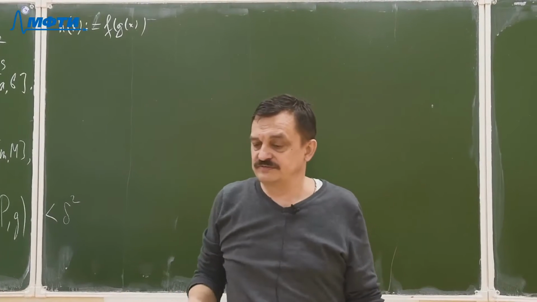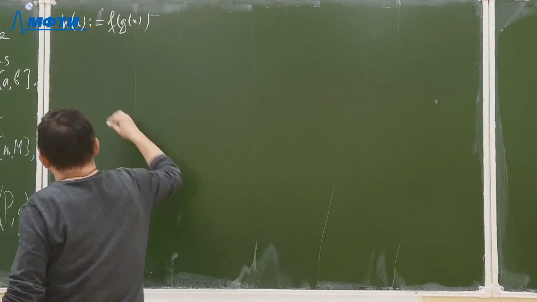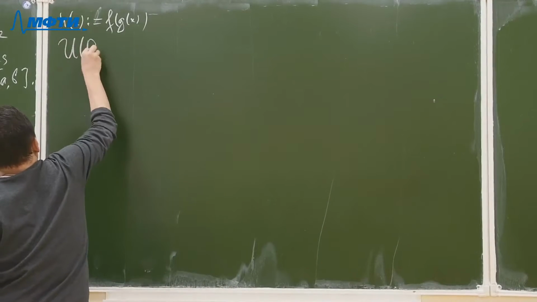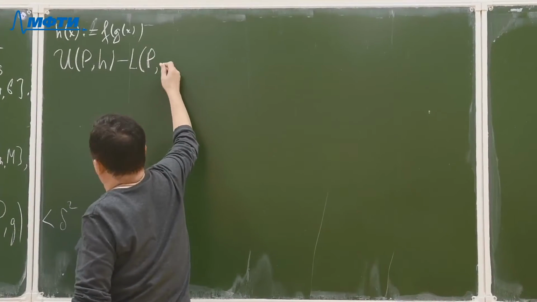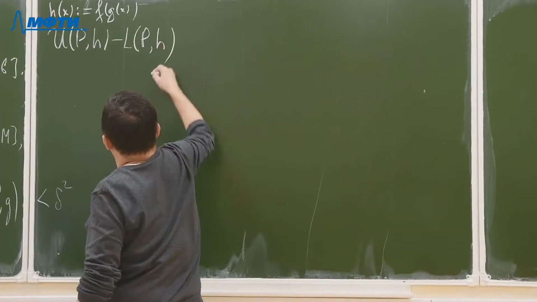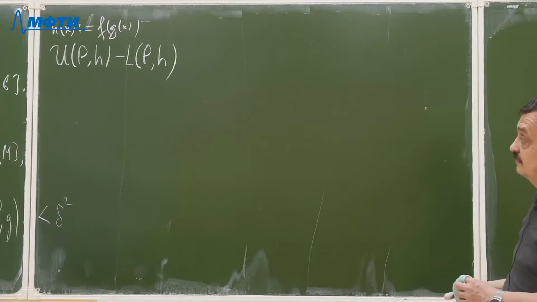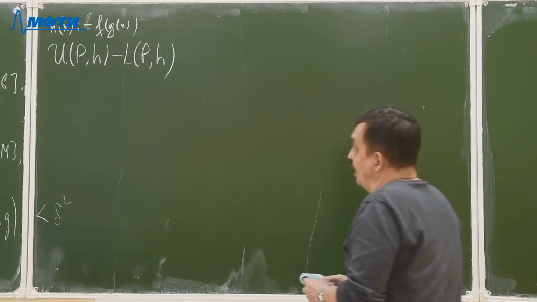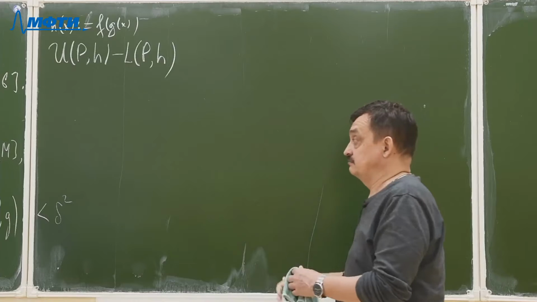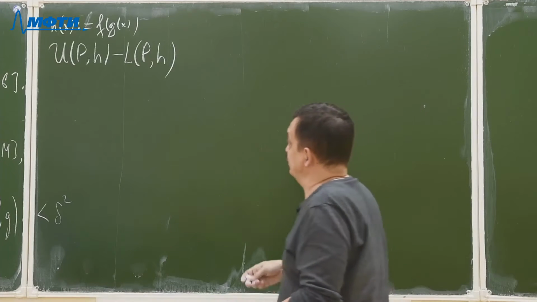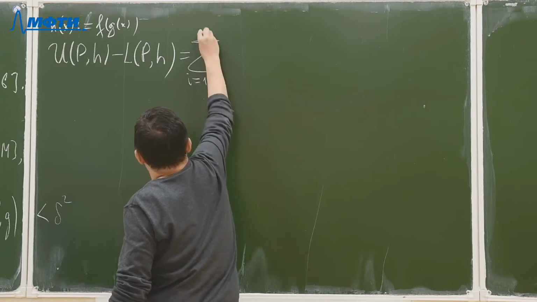This composition is denoted by h of x, and we are interested in studying the difference between upper and lower Darboux sums for that function. Let me recall, that is the sum with i from 1 up to n.